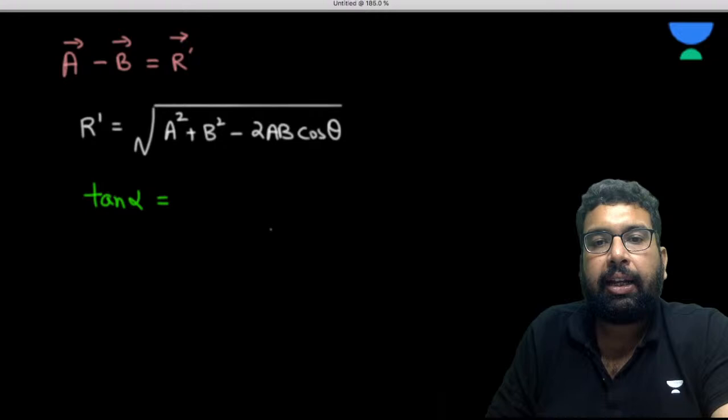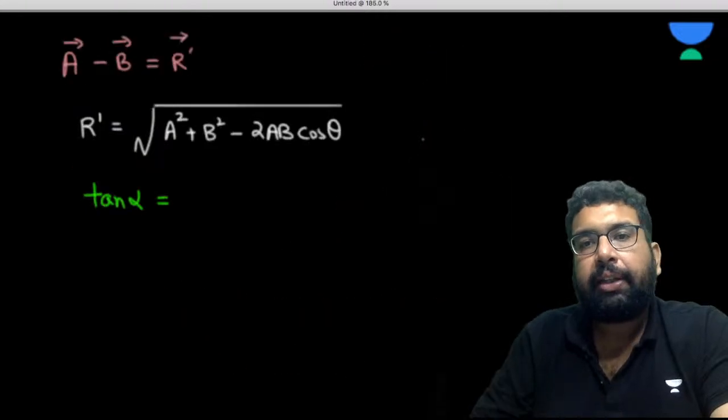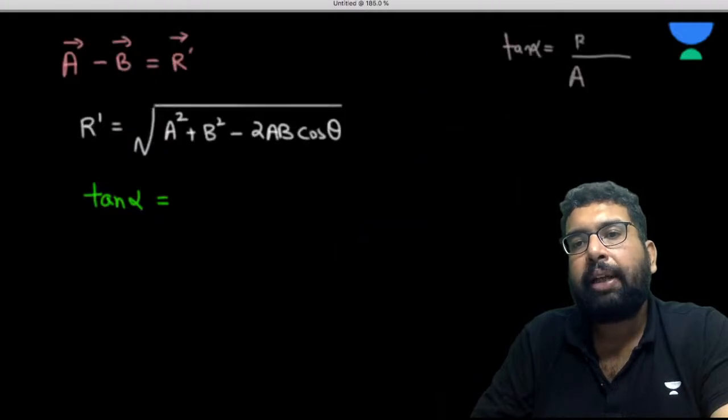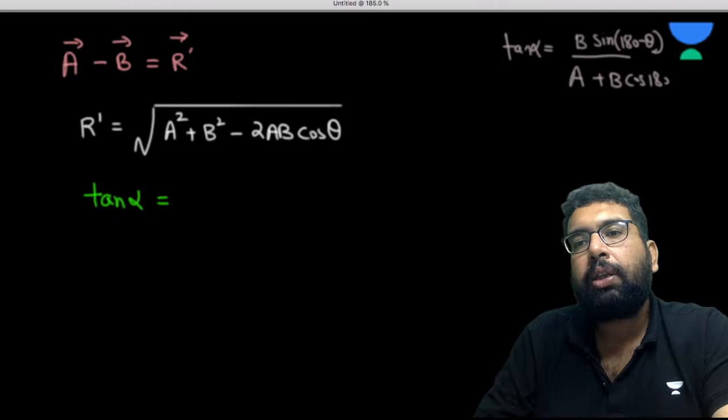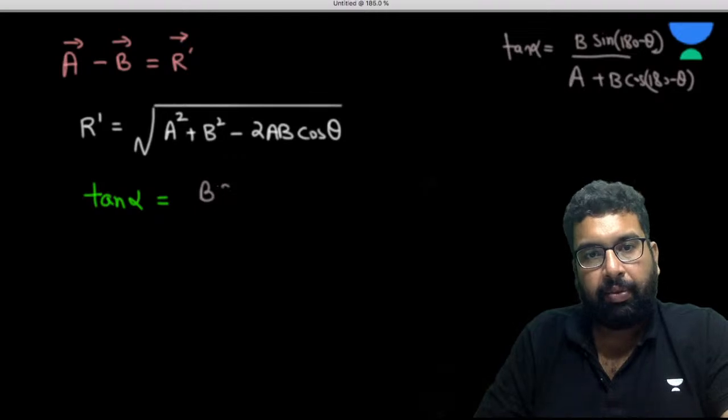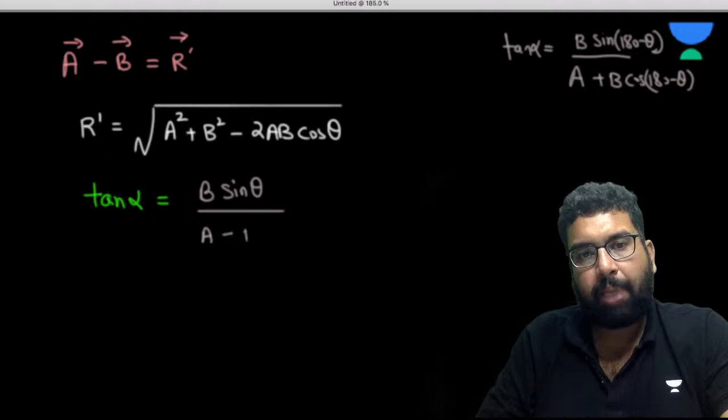So tan alpha is B sine 180 minus theta upon A plus B cos 180 minus theta. Now sine 180 minus theta is sine theta only, and cos 180 minus theta is minus cos theta, so it becomes B sine theta upon A minus B cos theta.